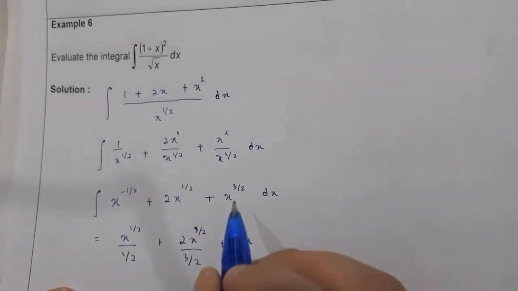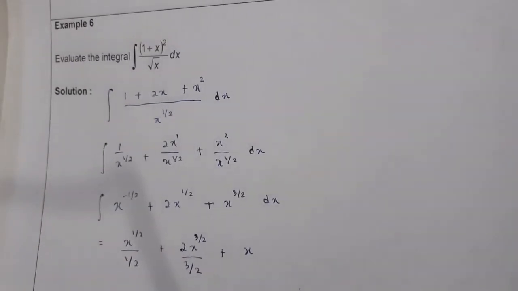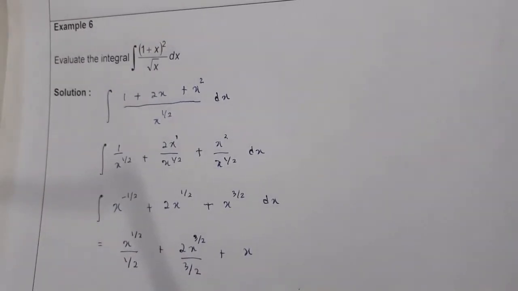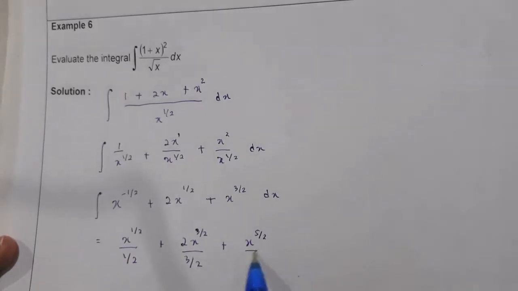Plus, okay, integrate x^(3/2), 3/2 plus 1, get x^(5/2) over 5/2 plus c.